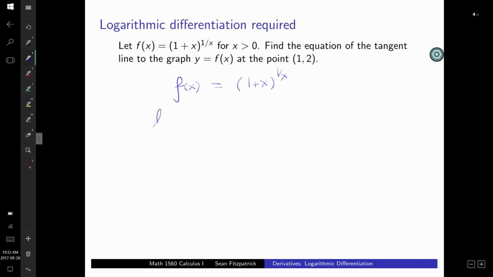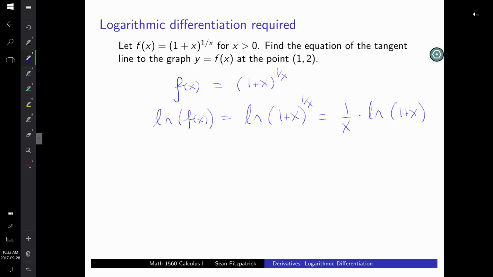So the natural log of f of x is the natural log of 1 plus x to the 1 over x. But now remember that exponents can come out front. That's one of my log properties. So I get 1 over x times the natural log of 1 plus x.